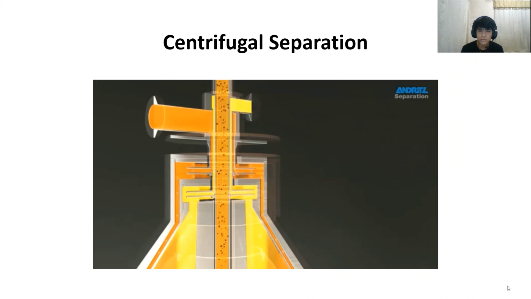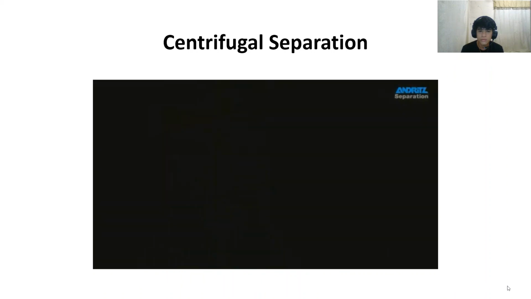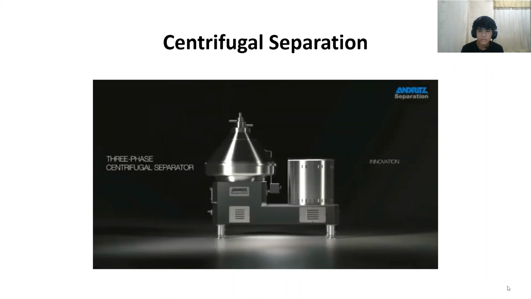As a result of the centrifugal force generated by the rotating movement, they are ejected from the separator. Innovation, reliability, quality, efficiency. Three-phase centrifugal separator, maximum reliability, and highest efficiency separation.